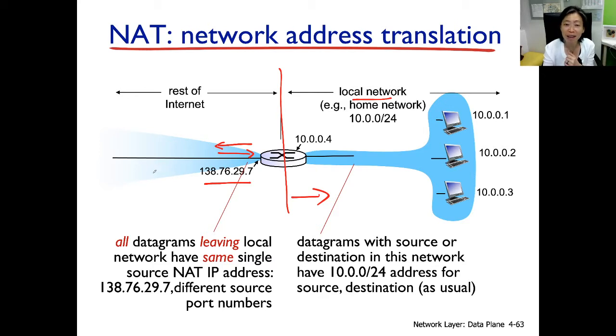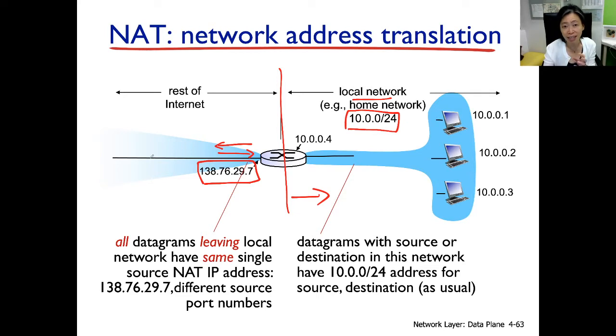So to save money, this is what we often do at home. We just subscribe for one IP address. And then we create a home network using some fake IP addresses and a subnet address that we make up.